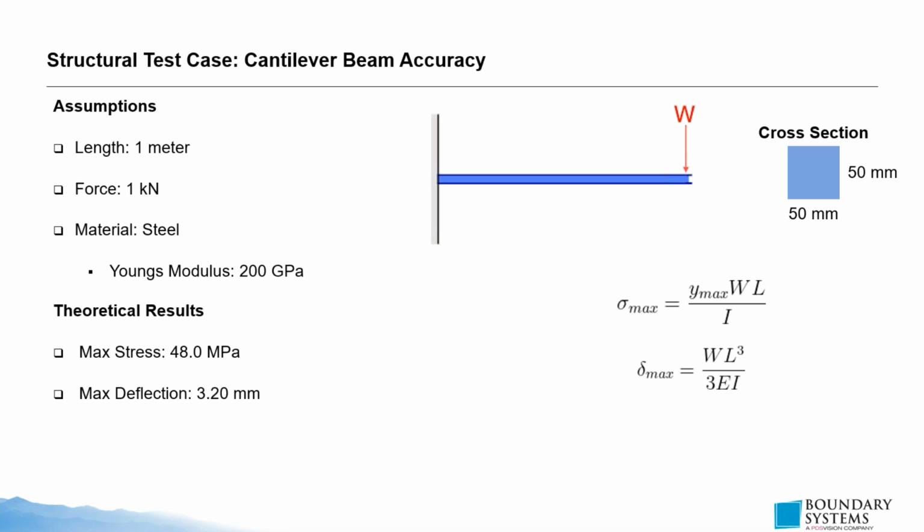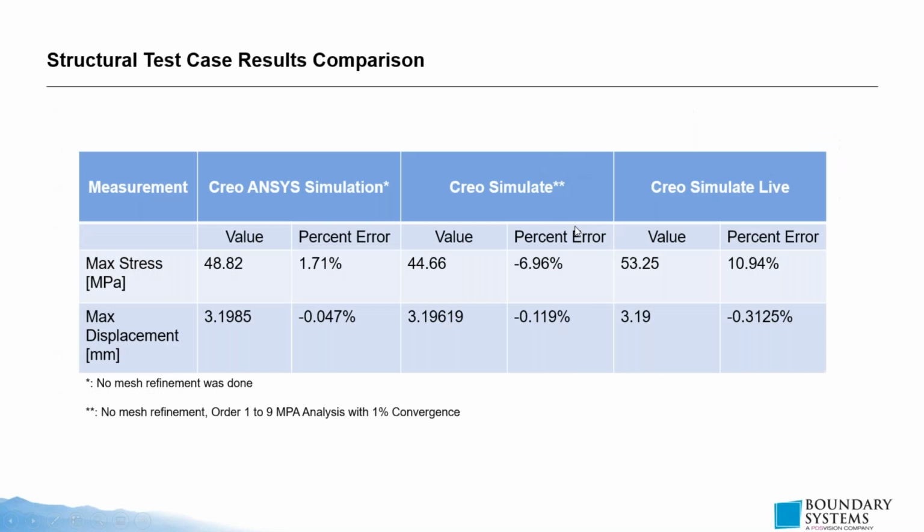But essentially, in this example, through theory and math, we can figure out that the max stress should be 48.0 megapascals, and the max deflection should be 3.2 millimeters for this exact test case with these parameters. If you do these in each of Creo ANSYS, Creo Simulate, and Creo Simulate Live, we see the following results.